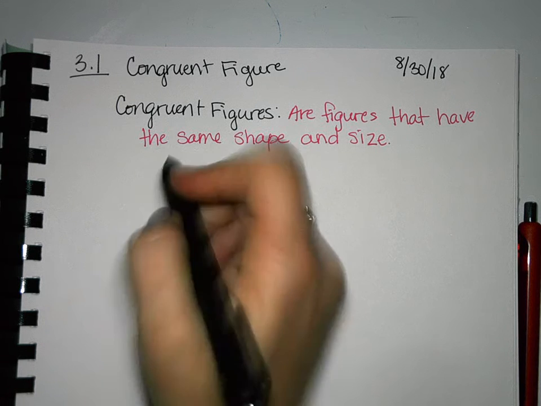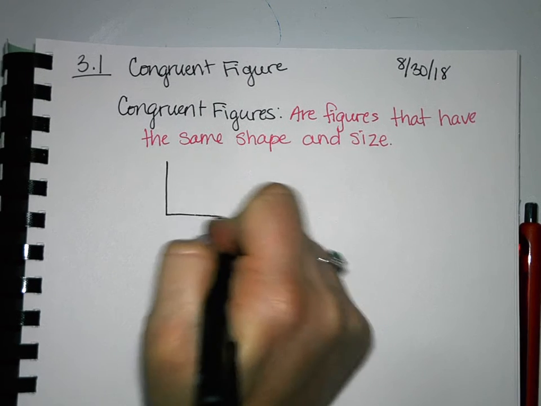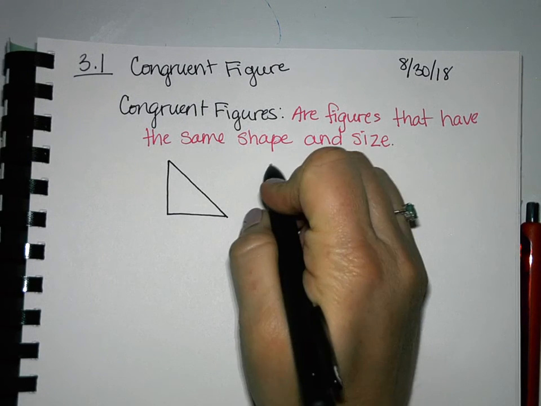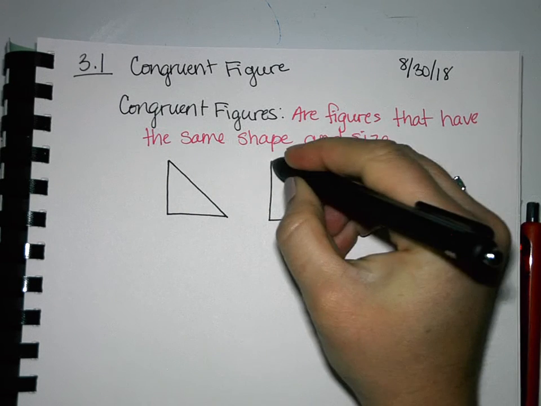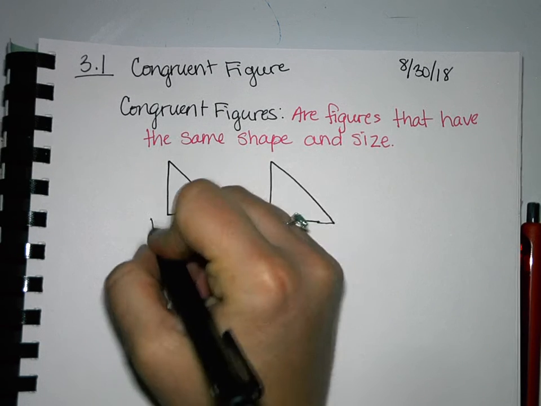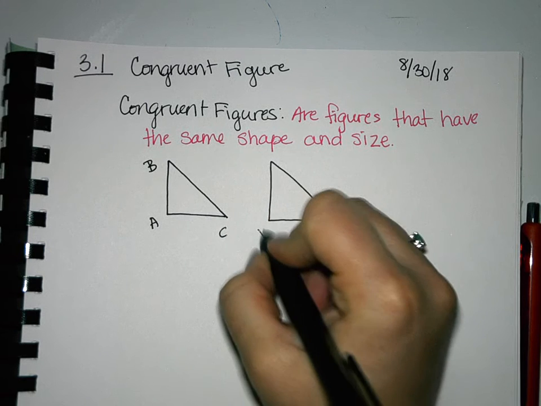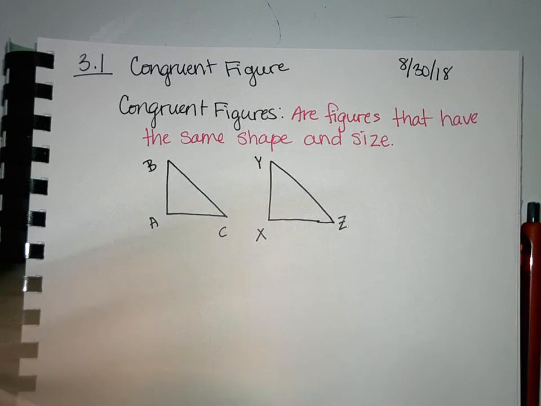So let's go ahead, and I'm going to draw two triangles. And I'm going to try to draw them so they look like they might be congruent. I'm going to call the first one ABC and the second one XYZ.